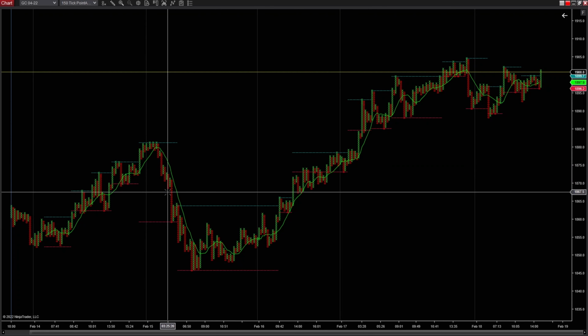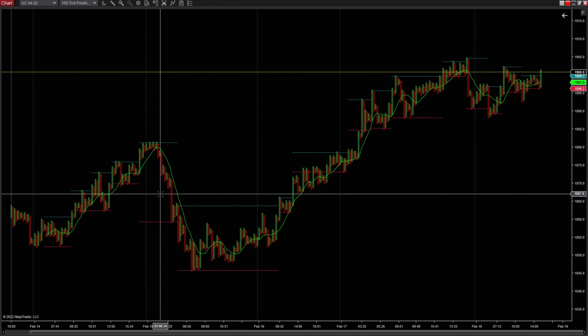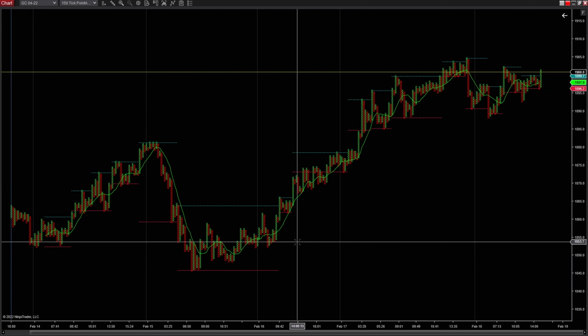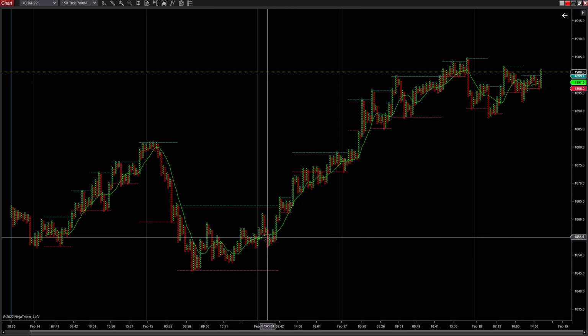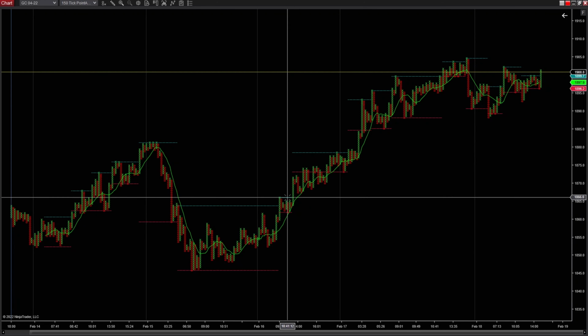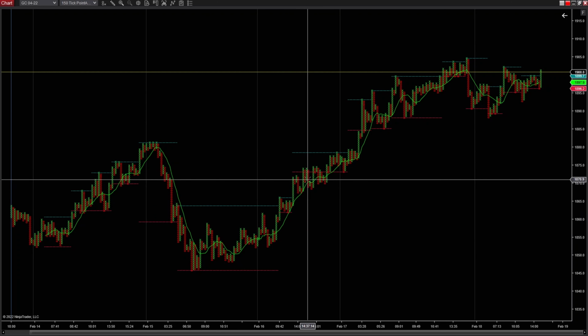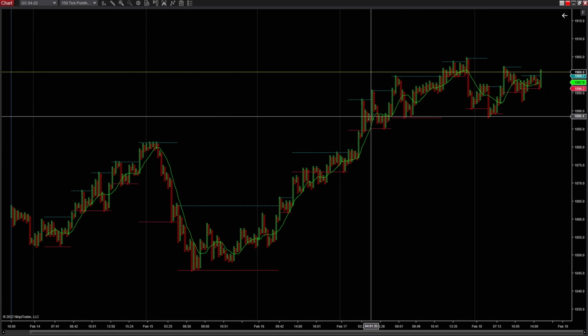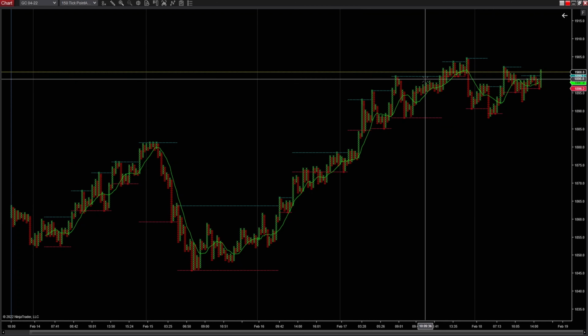So here is the 15th overnight right here, and then it moved up. It moved sideways for the rest of the day. Then here on February 16th, it moved in a choppy manner to the upside. And then on the 17th, moving to the upside as well, and then a chop area.